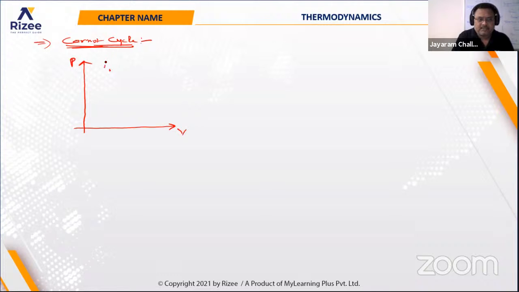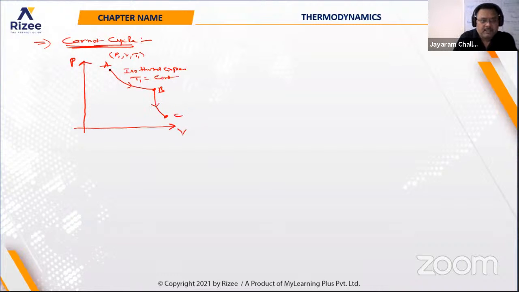The first step of the process starts from A, where the thermodynamic quantities are P1, V1, and T1, and it undergoes isothermal expansion to B, where the temperature T1 is constant. From B to C, the heat remains constant and the temperature changes, so it is an adiabatic expansion.